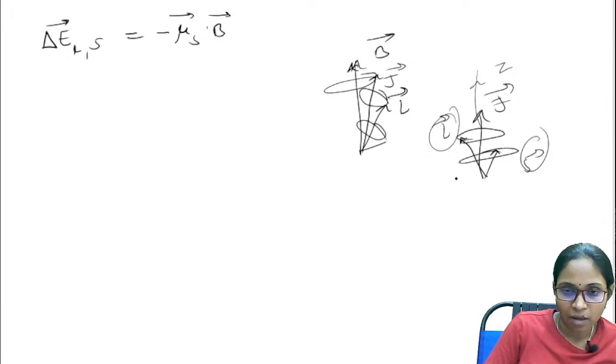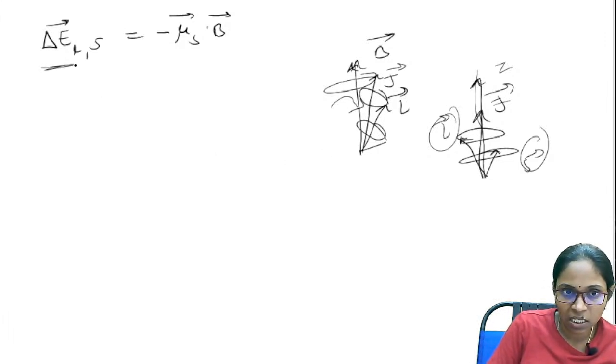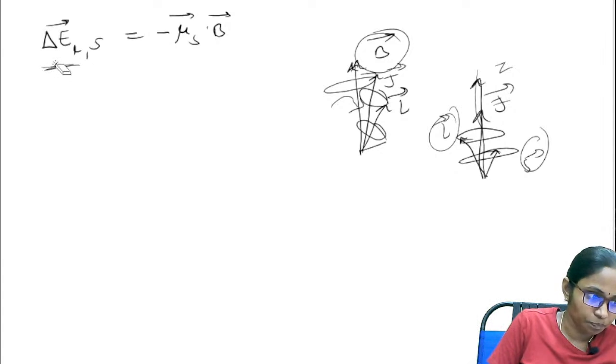And if you have the magnetic field B bar along this Z axis, then there will be a deflection in the orientation of J bar. That means there will be a change in the energy equations because of the spin orbit interaction due to this magnetic field.